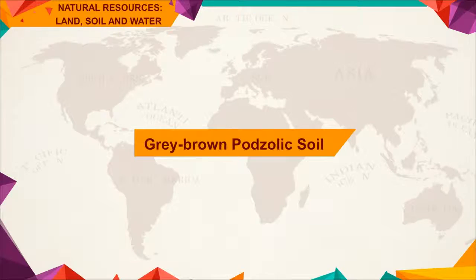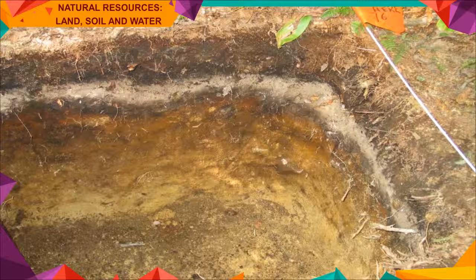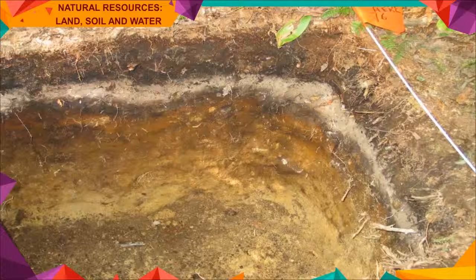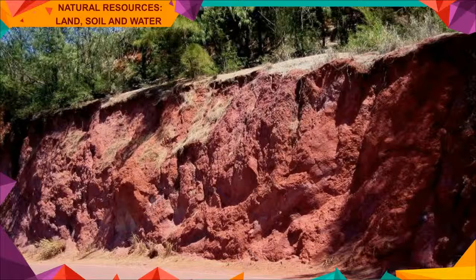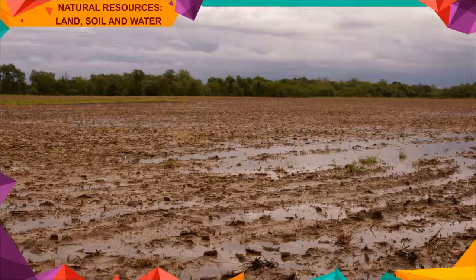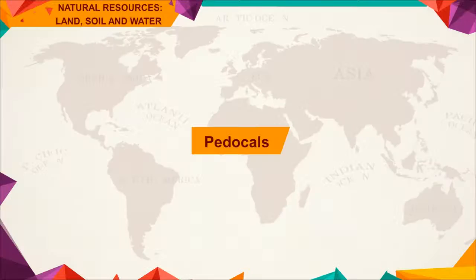Gray-brown podzolic soil. This soil is found in mid-latitude deciduous forest areas of Western Europe and Northeast USA. It is highly fertile. Red and yellow pedalfer. This kind of soil is found in low-latitude areas. Leaching is the main problem of this soil.